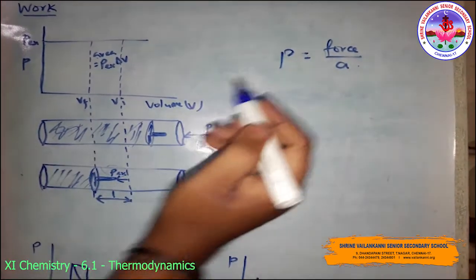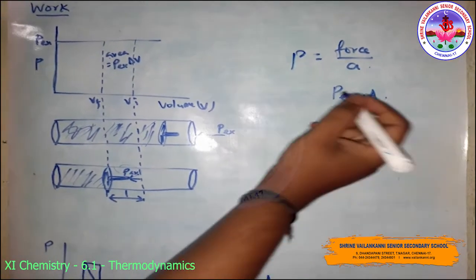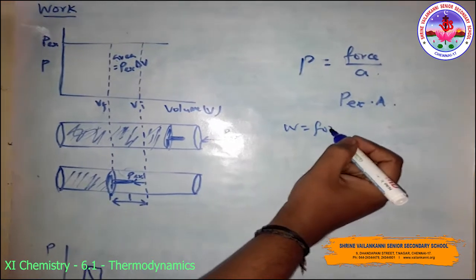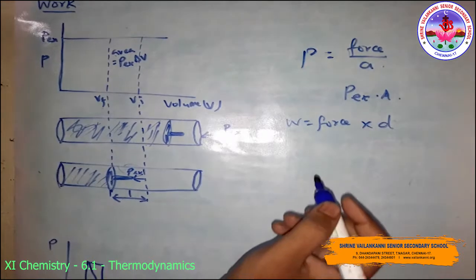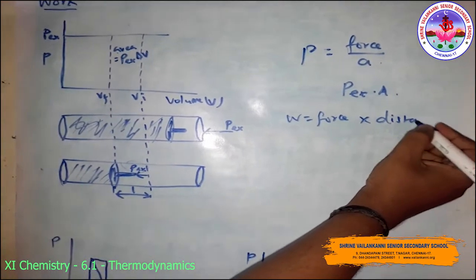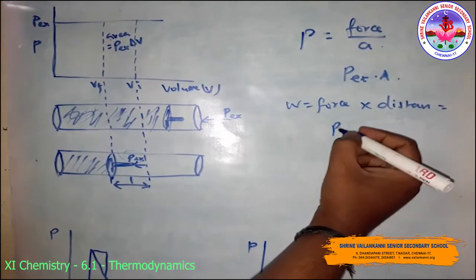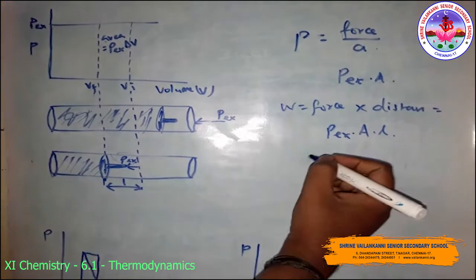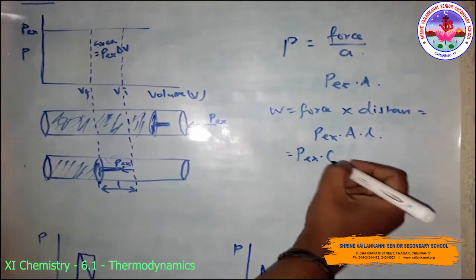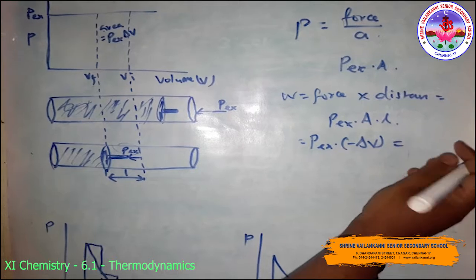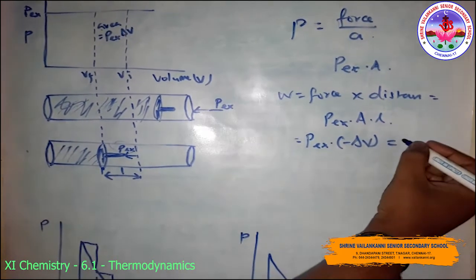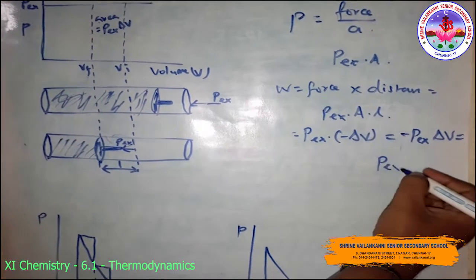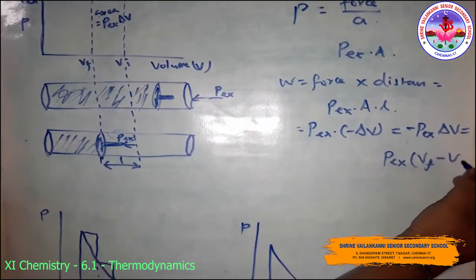Therefore, force on the piston is equal to P external into A. If W is the work done on the system by movement of the piston, W is equal to force into distance L. So this equals P external into A into L, where A L is the area of cross section times L, which is the change in volume. So W is equal to negative P external delta V, which is equal to negative P external (V final minus V initial).